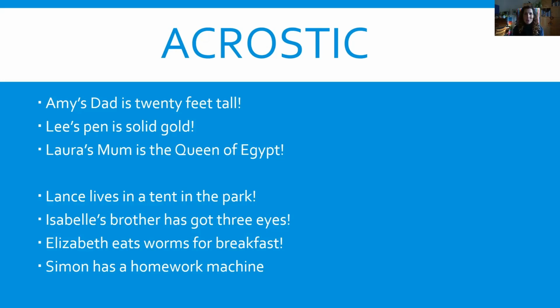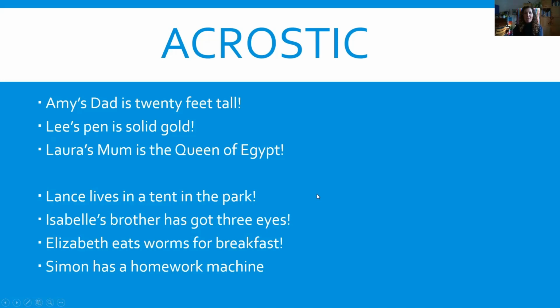Now, can you remember what an acrostic is? An acrostic is where the first letter of each line spells out a word. So we've got A, L, L, L, I, E, S. They are all lies.